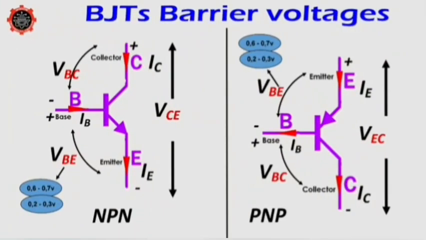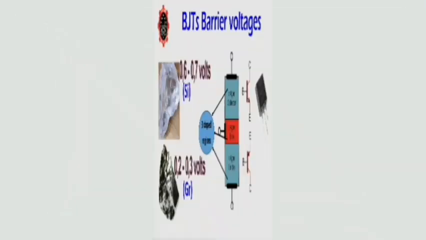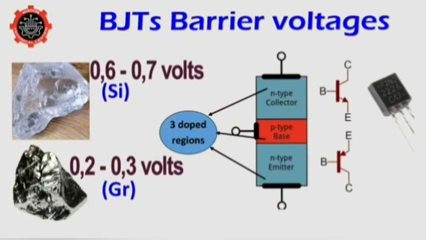In a transistor, the barrier voltage, that is, its threshold voltage, is going to be produced across the base emitter junction. This will be determined by the type of semiconductor material used. For example, if we were using silicon, it will be from 0.6 to 0.7 volt.